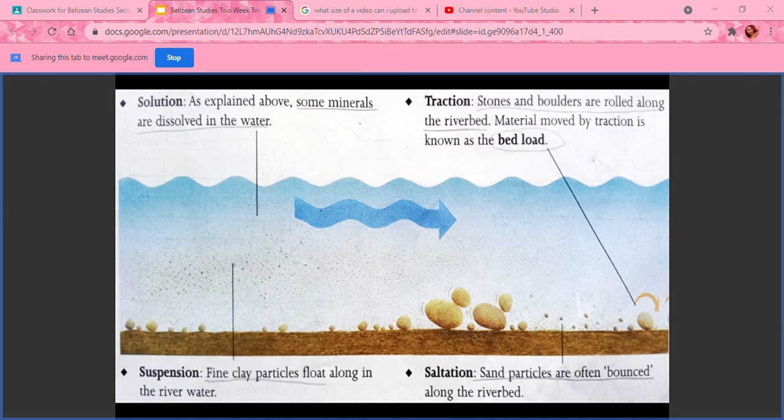Then I have suspension. Fine clay particles float along in the river. Why does it say clay? Because clay cannot be dissolved in water. Previously, I explained that water cannot pass easily through clay, and that's why you have clay floating in the water: it does not dissolve, it cannot mix with the water, so those little particles are just floating there.